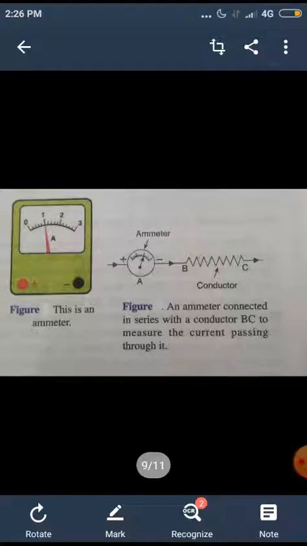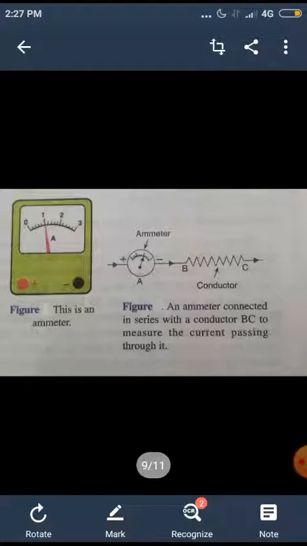You can see in this slide the image of that component which you have already learnt. Can you name it or can you identify? Yes, it is an ammeter. We measure current with the help of it. How do we connect it? It is connected in series.